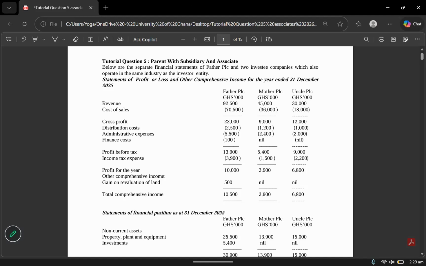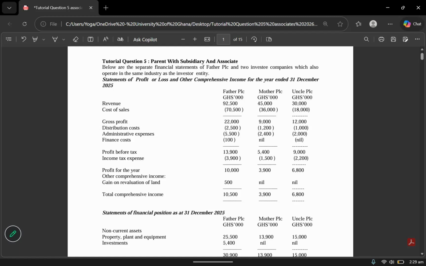statements. There are situations where you will be exempted from consolidating, and one is when you, the acquiree, are also a subsidiary and your parent is preparing the consolidated financial statements. In that case, you're not supposed to prepare it. But if your subsidiary is in a different sector, it doesn't mean that you're not supposed to consolidate; you will still consolidate.